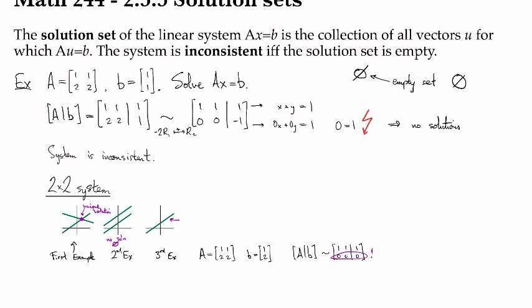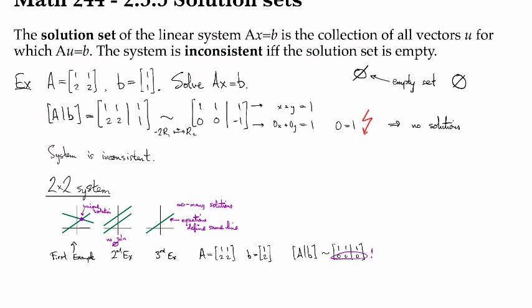And so actually what this shows us is that both equations that we had define the same line. And so in this case, there are infinitely many solutions, because any point on the line will work.